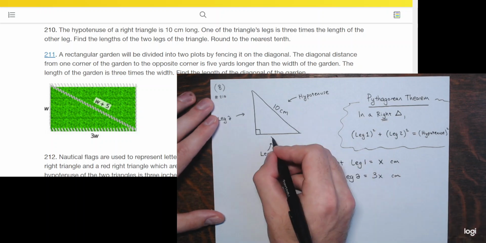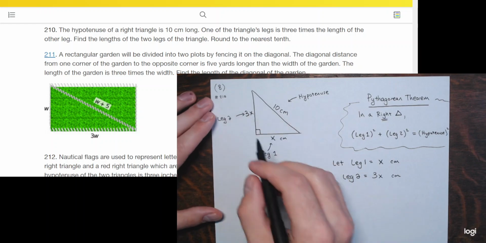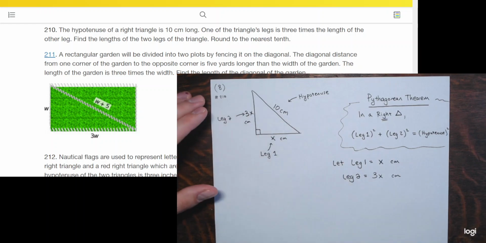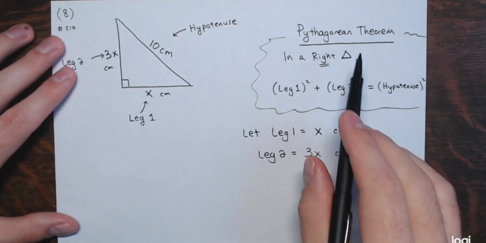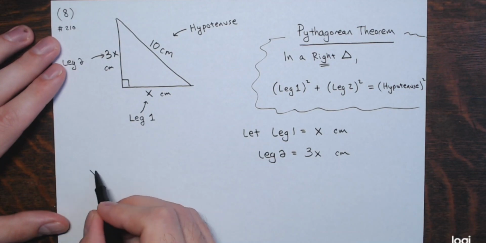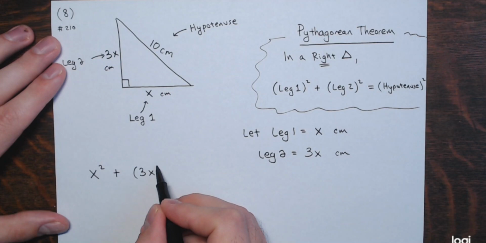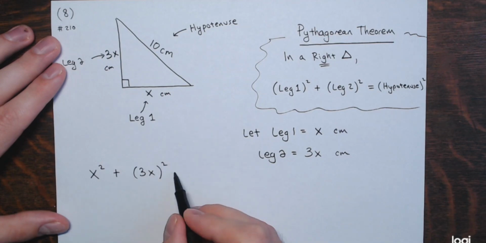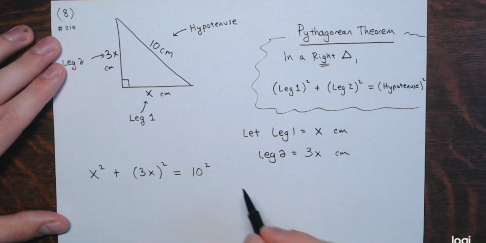Great, now I have enough information to set up an equation using the Pythagorean theorem. So, x squared plus the other leg, 3x squared, is equal to the length of the hypotenuse, which would be 10 squared, or the hypotenuse squared.